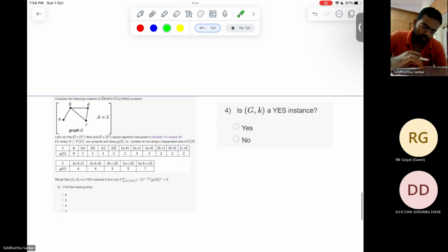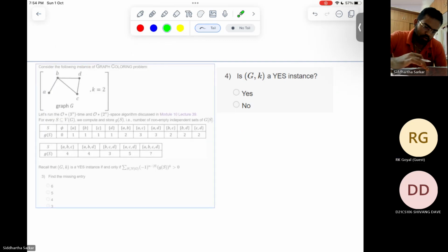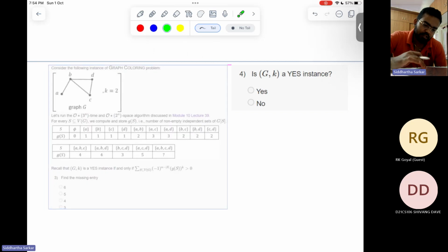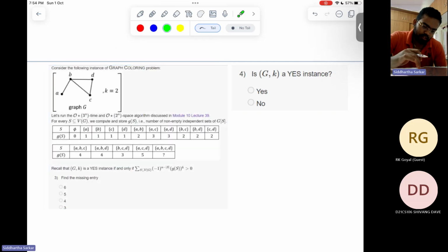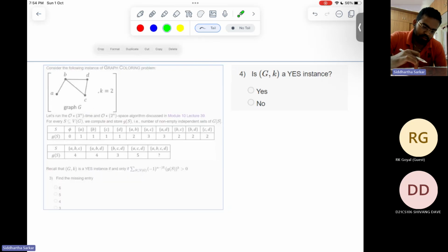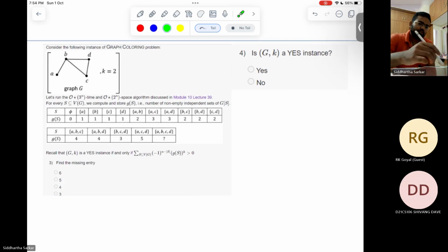With two colors, it is clearly no. There is a triangle in this. A triangle is a subgraph, and because it's an odd cycle, it requires three colors. So with two colors, it is not possible.